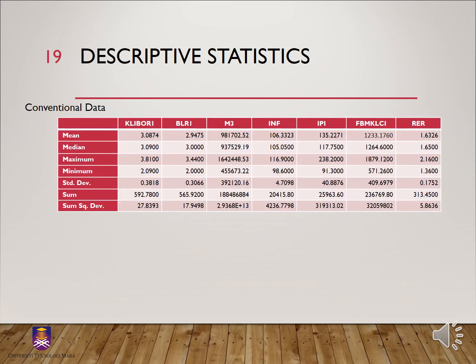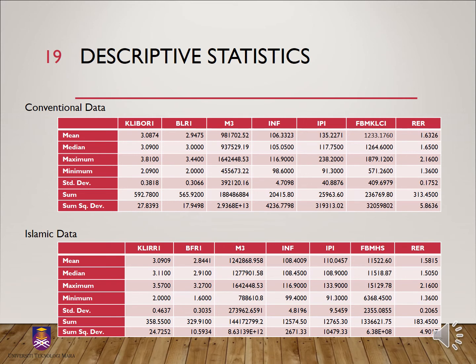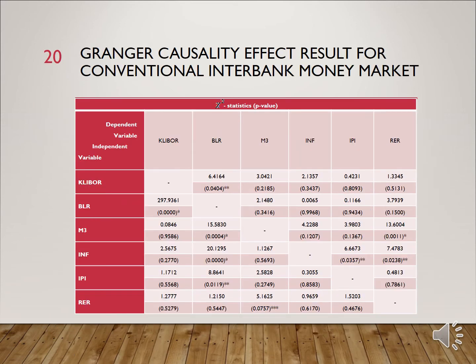Findings. We look at the characteristic of the data by doing the descriptive statistics. Now before we run the Granger causality, we did several econometric testing such as the unit root, normality, and multicollinearity testing, and we corrected all the problems that we found.